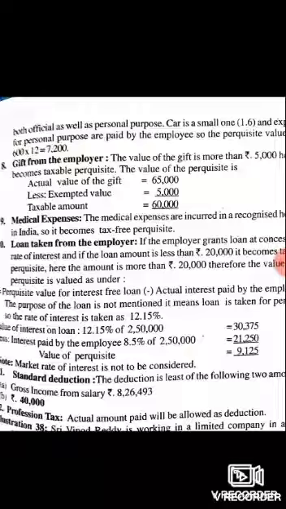Loan taken from the employer. If the employer grants a loan at a concessional rate of interest and the loan amount is less than 20,000, it becomes a tax free perquisite. Here the amount is more than 20,000. The value of the perquisite is the interest on the loan at the prescribed rate minus actual interest paid by the employee.